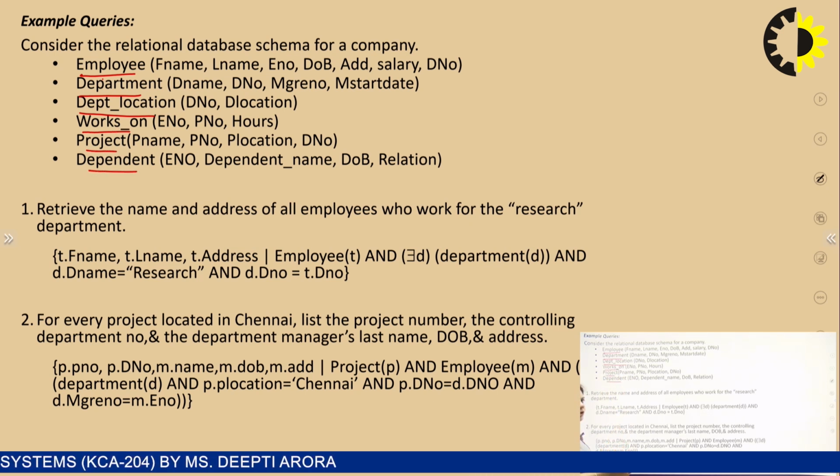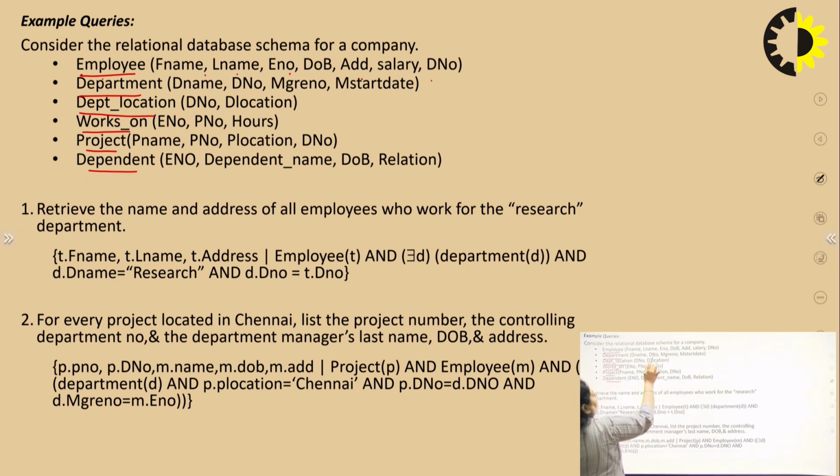These have different attributes: first name, last name, employee number, date of birth, address, salary, department number, then department name, department number, manager number, manager starting date, then department number, department location, employee number, project number, hours depending upon the project, project name, project number, project location, department number, and employee dependent name, date of birth, and relationship.